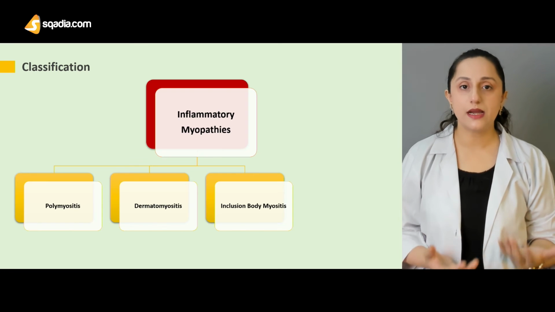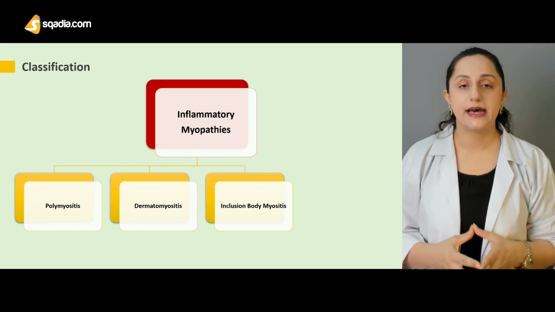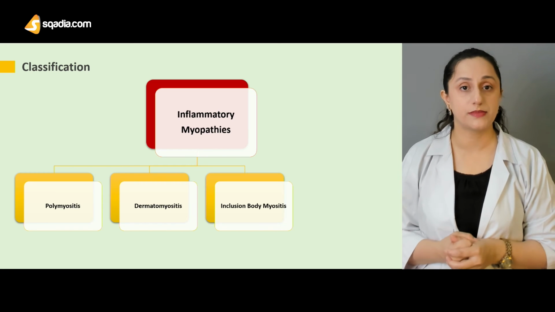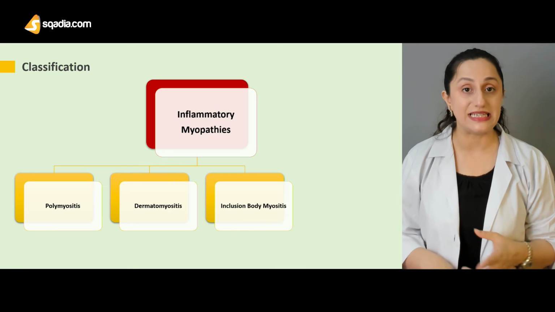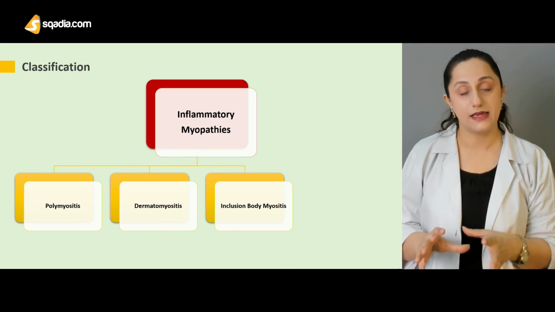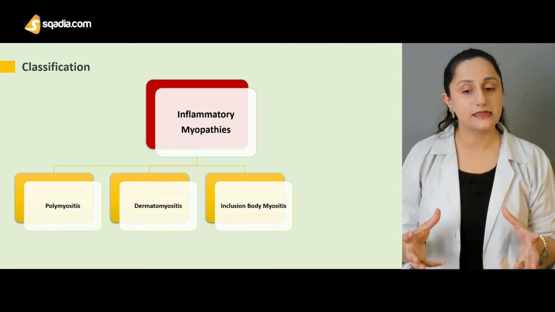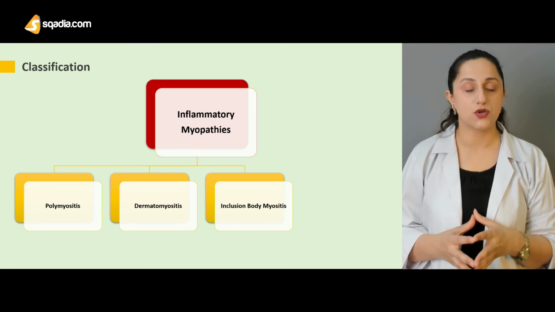The clinical features are that the patient is suffering from weakness, then there is fatigue, and we have atrophied muscles that are even seen in these patients. So this is the particular clinical presentation in cases of IBM.